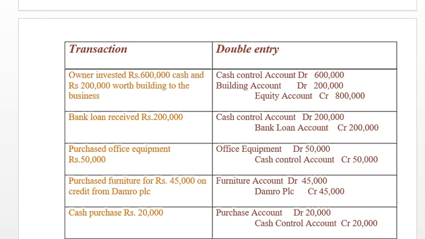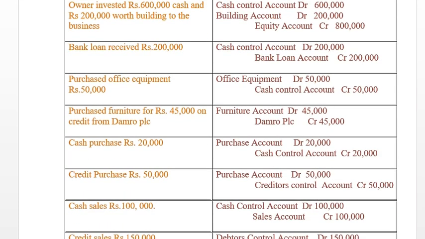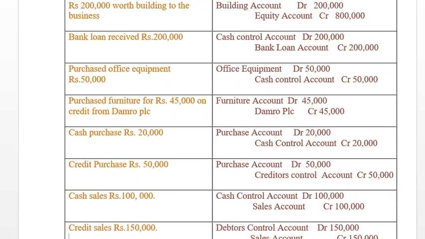Look at the third one. Purchased office equipment, rupees 50,000. Here we purchased office equipment. Office equipment comes under non-current assets. So office equipment account debit 50,000.